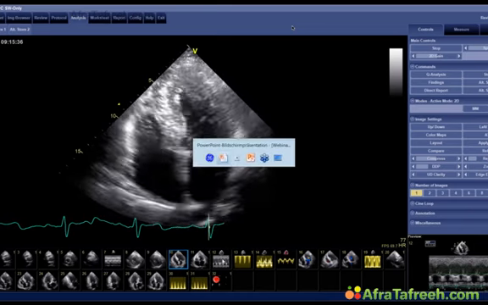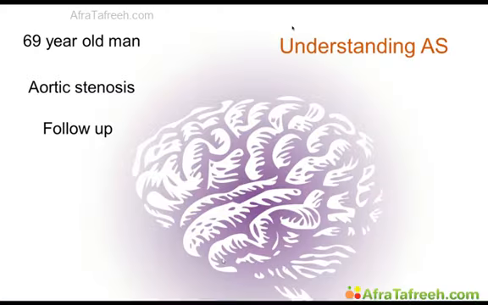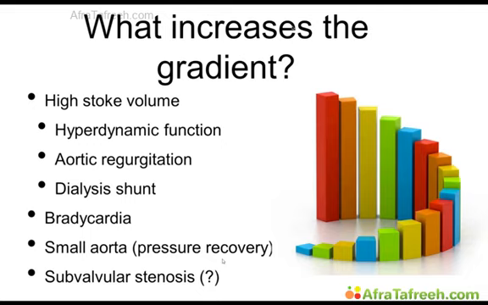But let me go back to the slides and let me show you just some of the reasons why we have a high gradient. First of all, high stroke volume, as mentioned already. In this case, the reason was hyperdynamic left ventricular function. But we can also have high stroke volume if we have a lot of flow back and forth between the aortic valves in the case of aortic regurgitation. There's another reason which is sometimes forgotten.